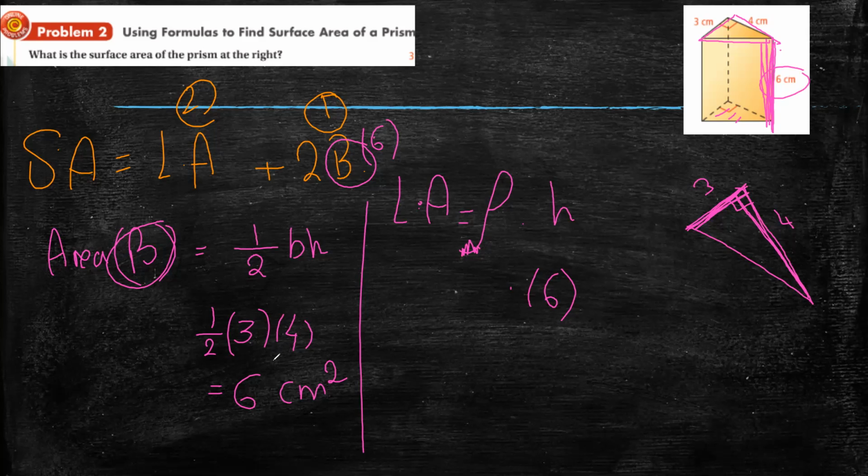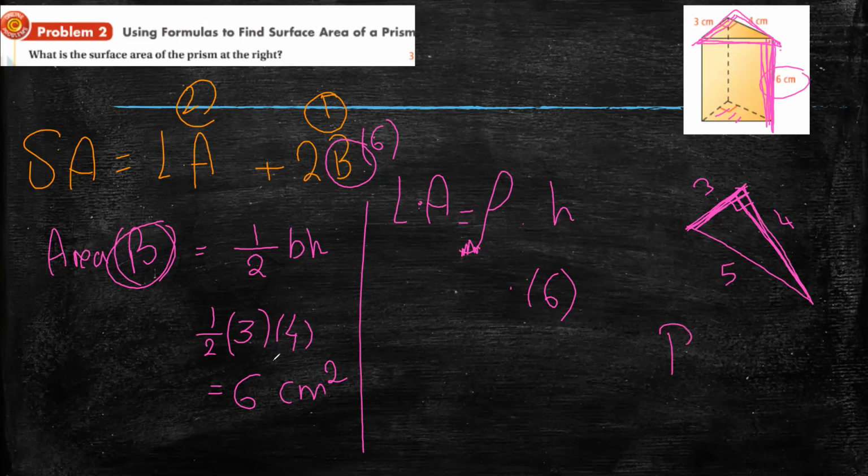Now let's find the perimeter. The perimeter is the summation of all the sides, n times s if it is regular. So here we have 3, 4, and here we will have 5, found by the Pythagorean theorem: 3 squared plus 4 squared equals 5 squared. So the length of the hypotenuse will be 5.